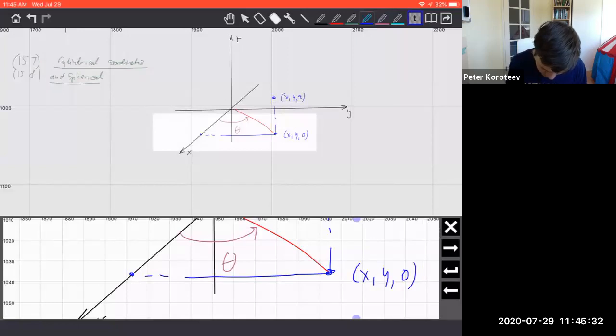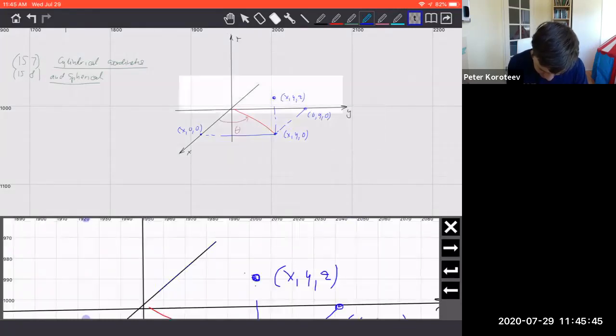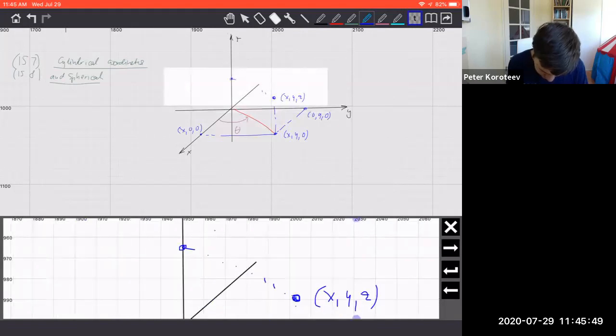So that here this point will be x, 0, 0. This point is 0, y, 0. And then here you can just find this z projection, 0, 0, z.